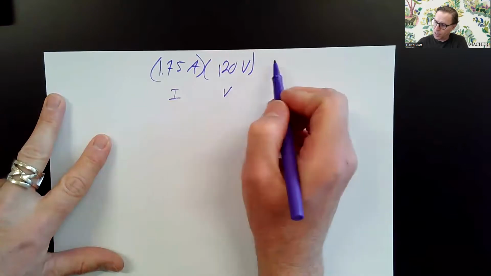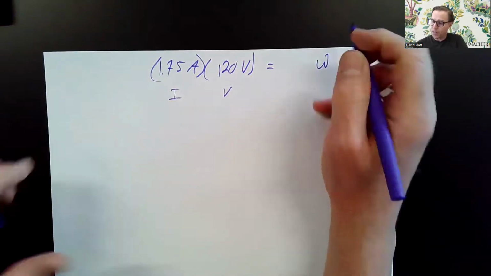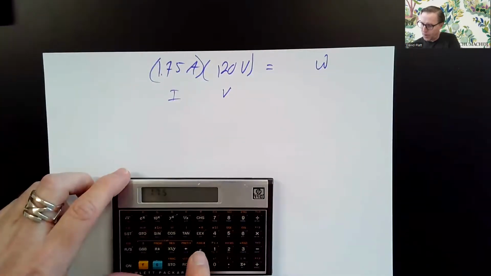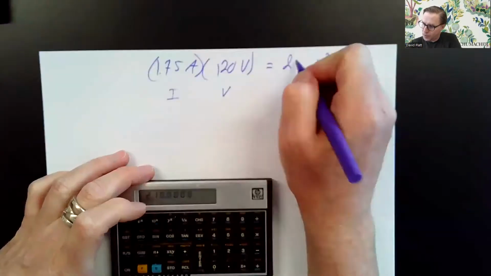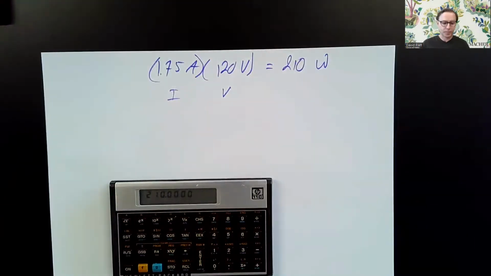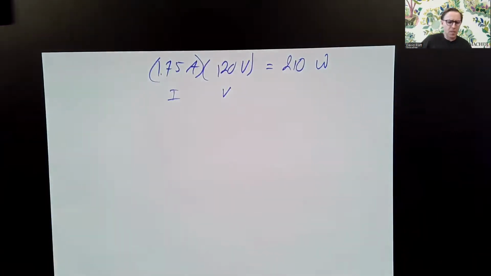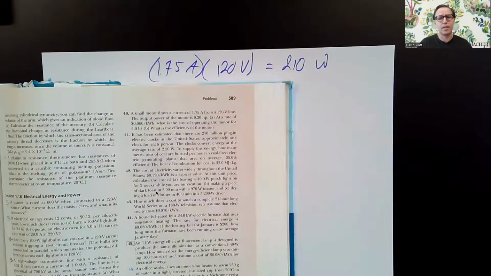This is the voltage. So this is going to give me the power in watts. I know I could do this in my head, but I'm not going to. 1.75 times 120 is 210. 210 watts.